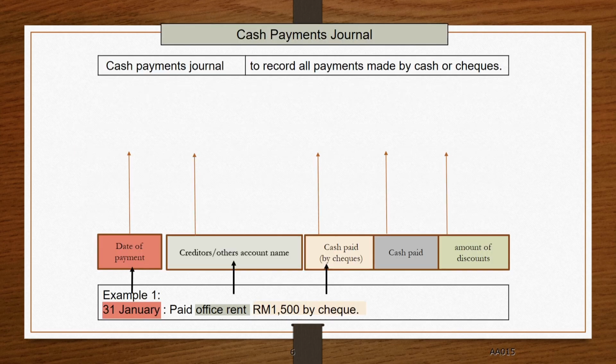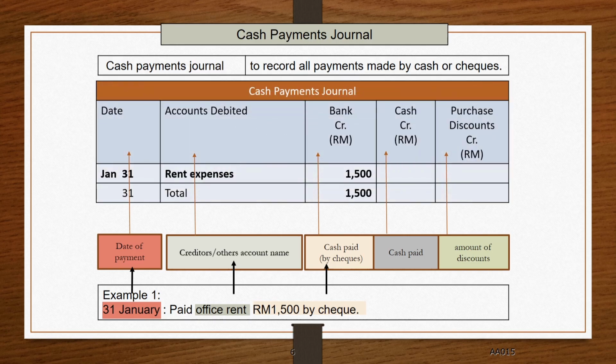This is the format of cash payment journal, and we look at the format. The first column represents the date of transaction. The second column, account debited. The third column, bank credit side, cash credit side, and purchase discount.